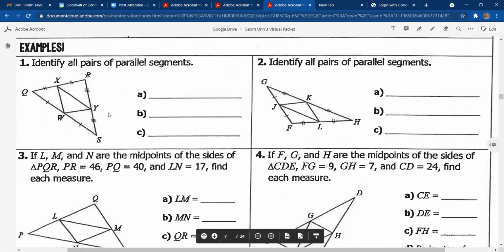So what segment is going to be parallel to this XY mid-segment line? Is it RS, QR, or QS? Parallel to XY. QS. Yeah, it's QS.